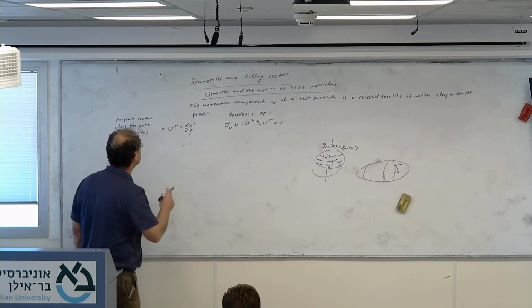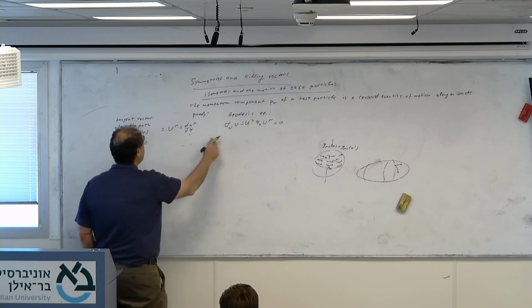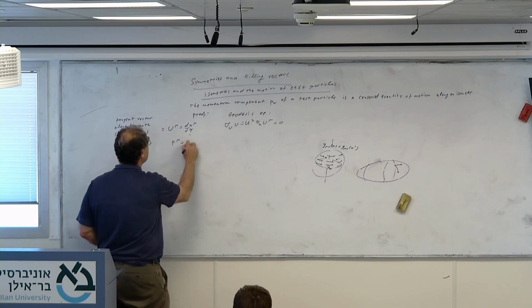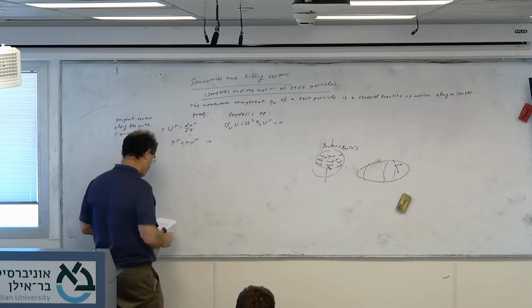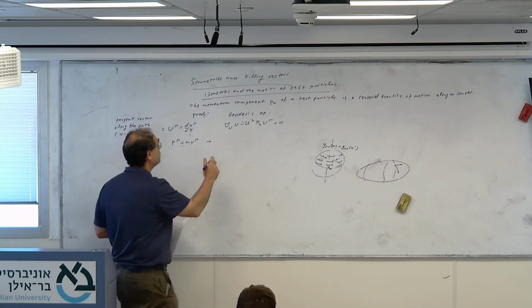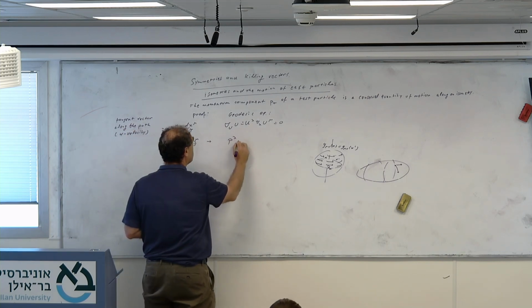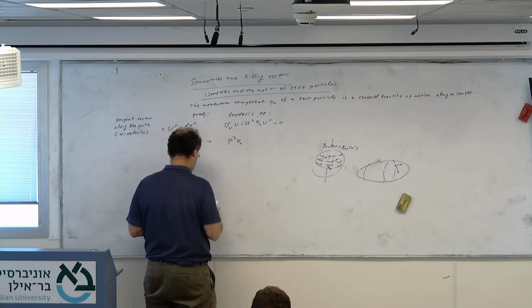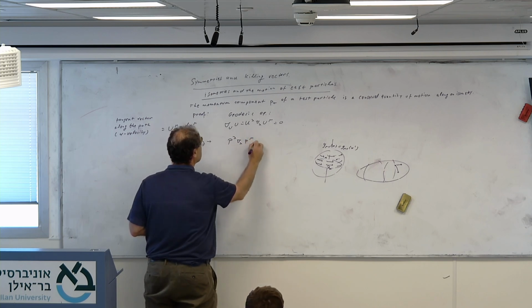So that means that if this is the four velocity, we can simply write that in terms of p mu, which is m u mu. So what's written here is p lambda nabla lambda p mu is equal to 0.